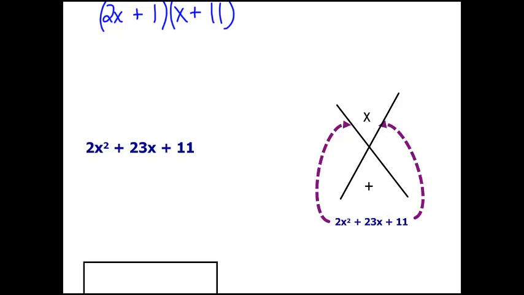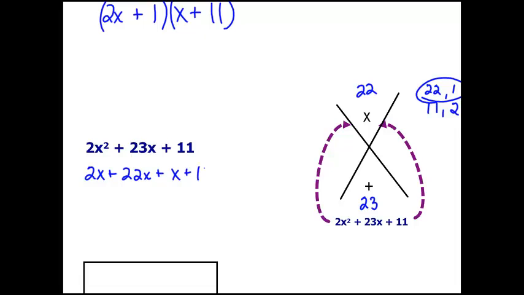In the first case, 11 times 2, 22. I need a product of 22, and I need a sum of 23. Again, pretty straightforward, but let's say it wasn't, so I need 22 and 1, I need 11 and 2. We know that these have to be the case, so I'm going to rewrite this and factor by grouping, and I'm going to go 2x squared plus 22x plus x plus 11.